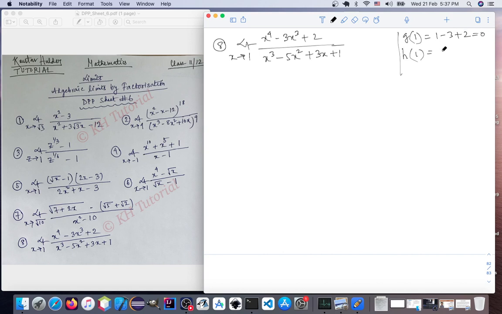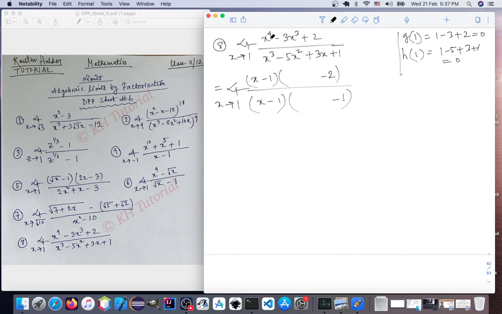Also h1 equals 1 minus 5 plus 3 plus 1 equals 0. So x minus 1 should be a factor of both numerator and the denominator. So let's factorize the numerator and denominator. We must get something like, over here we have plus 2, so must have minus 2 over here, and for this we have plus 1, so we must have minus 1.